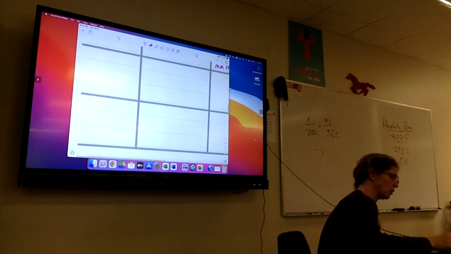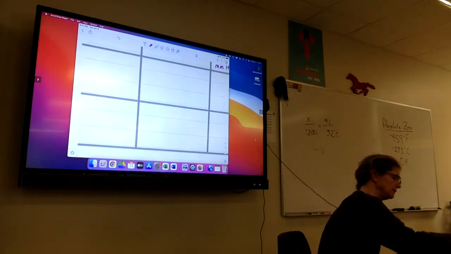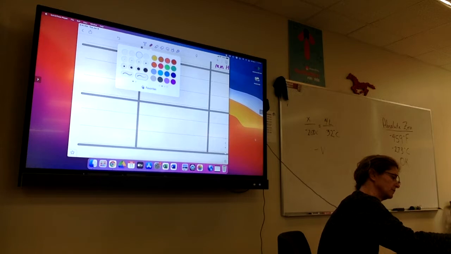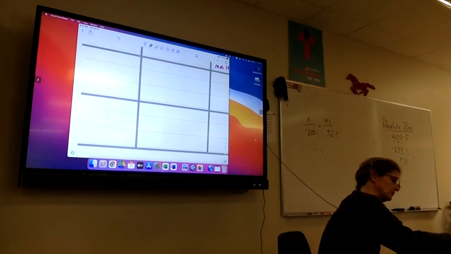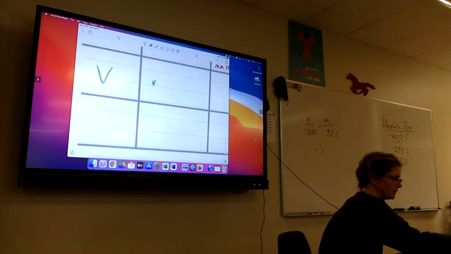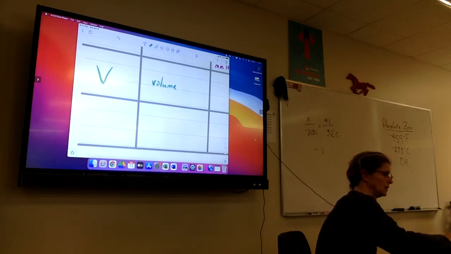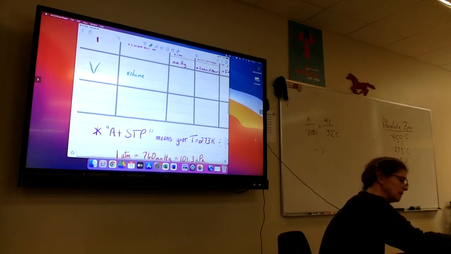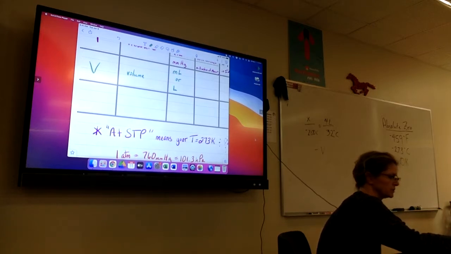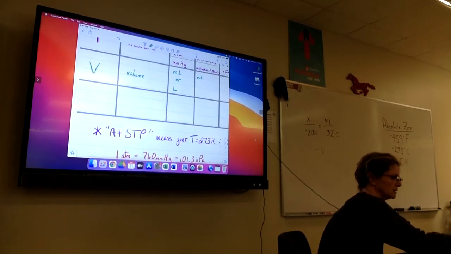But let's skip forward for now to volume. Volume is abbreviated capital V. It is measured in milliliters or liters.